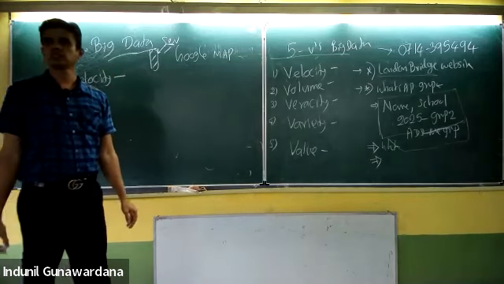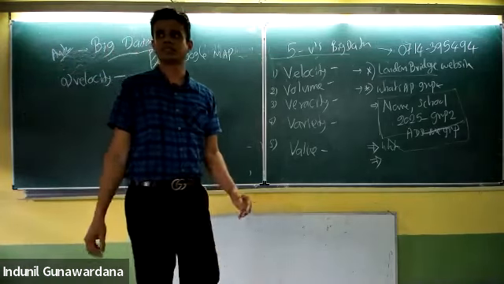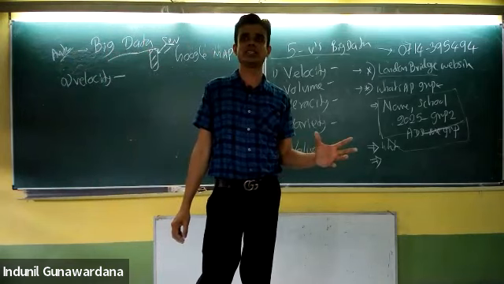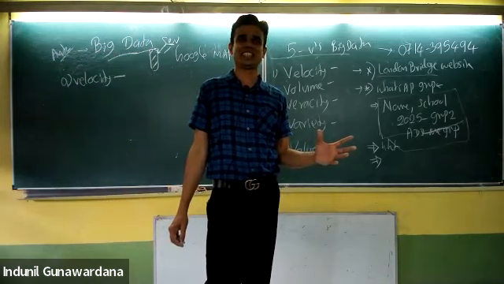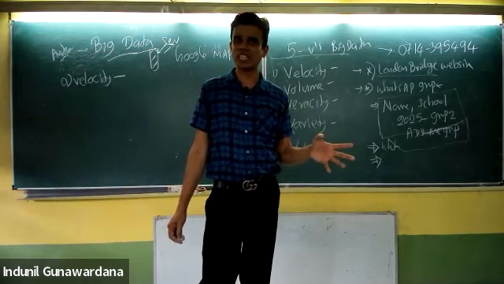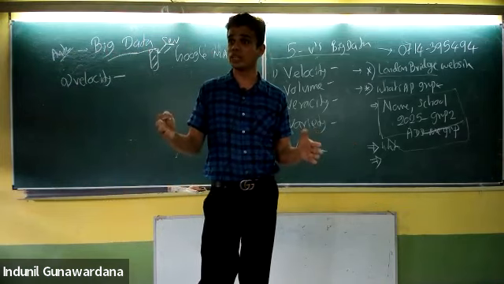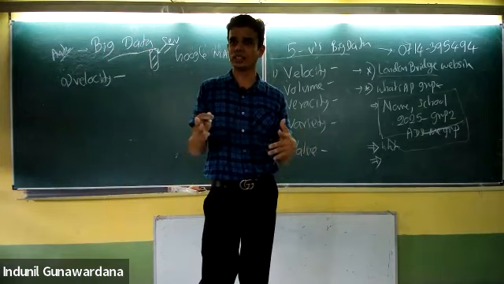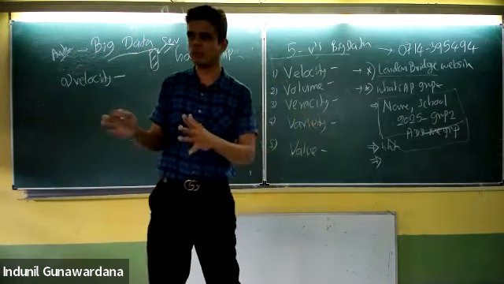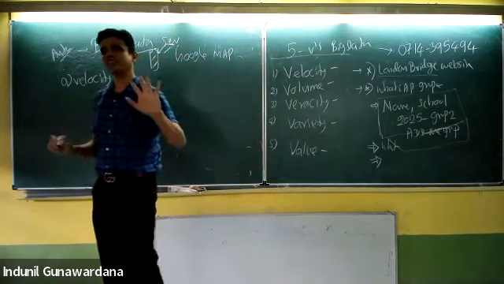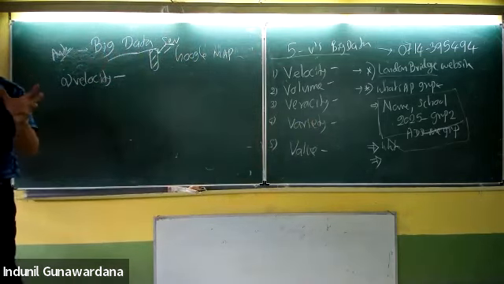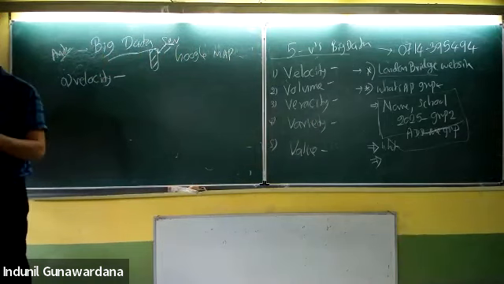O-level science. Velocity is something like speed, high velocity, low velocity. Speed and velocity have a difference, I think, but here in our level, velocity means speed.